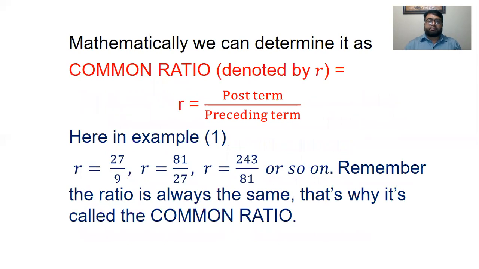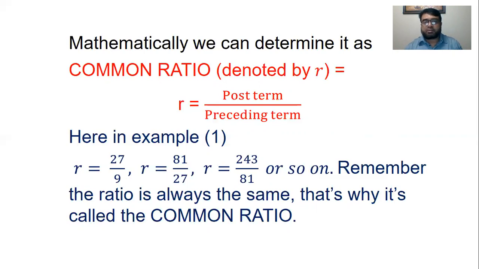All right. Mathematically, we can determine the common ratio. Basically, it is denoted by R. So R is equal to the post term divided by the preceding term.